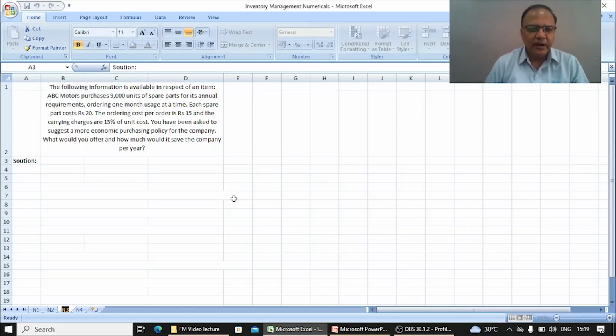It means ABC Motors is purchasing 9,000 units for 1 month, so total annual consumption will be 9,000 into 12. Each spare part costs rupees 20. The ordering cost per order is rupees 15 and the carrying charges are 15% of unit cost.